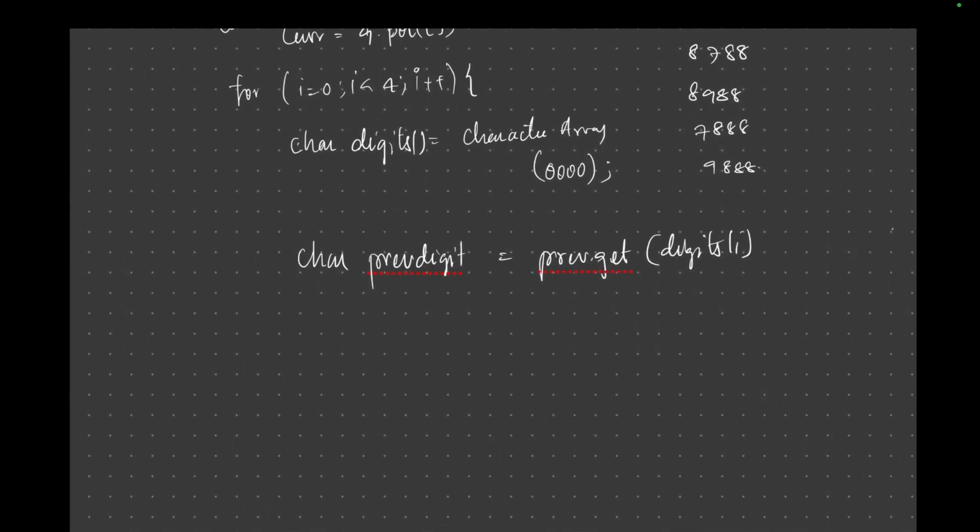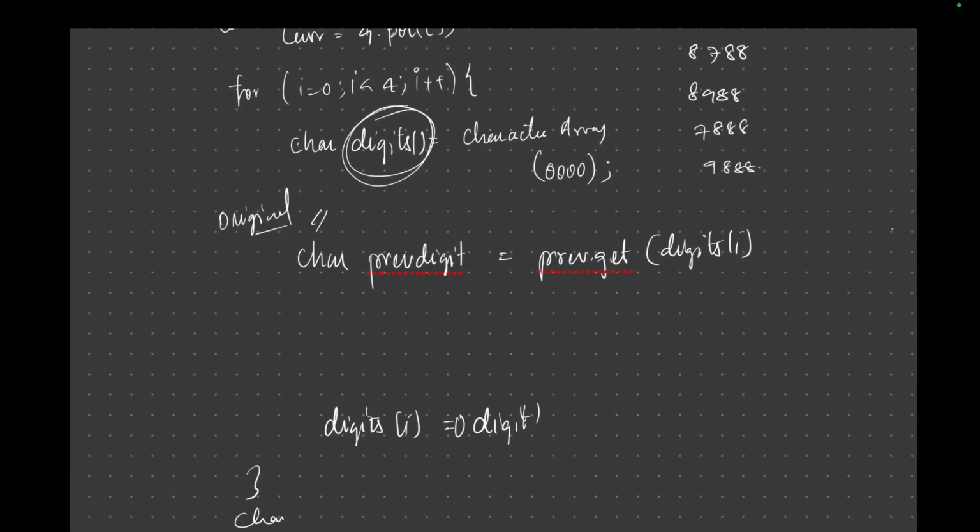And after all these things, we stored our original digit from this digits array. So now at the end you will make digits of i equal to your original digit, right? And after this for loop you will increase your chances plus plus.